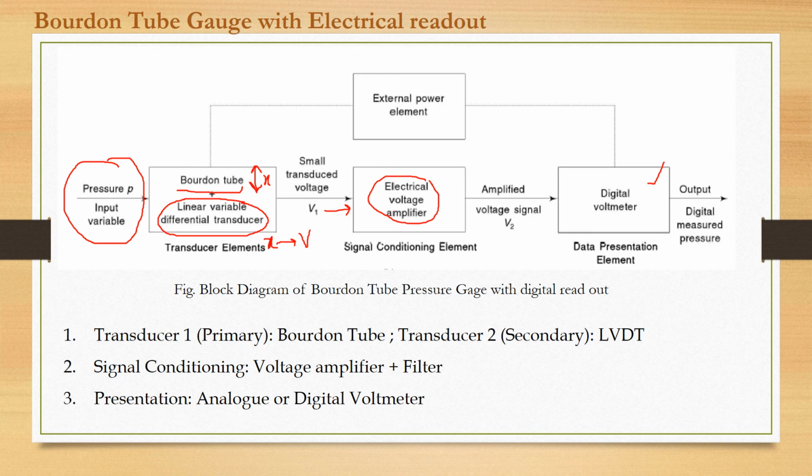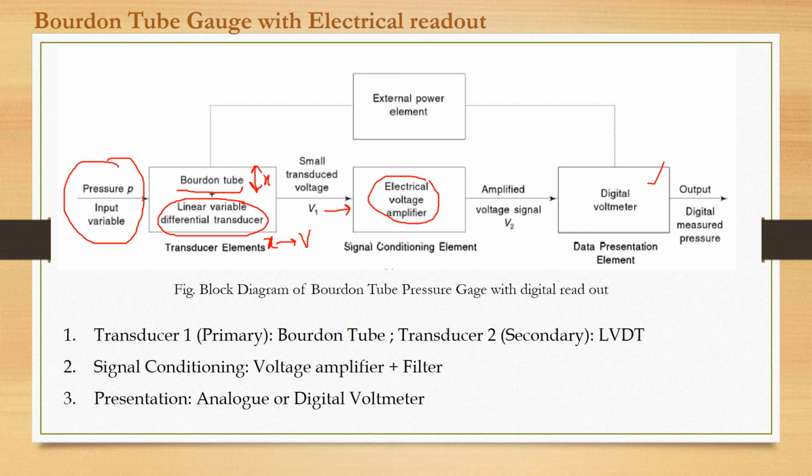But if you want to convert it into a Bourdon tube gauge with electrical readout, then we need to incorporate the LVDT, then this electrical voltage amplifier, then a digital voltmeter, and some external power element is also needed.